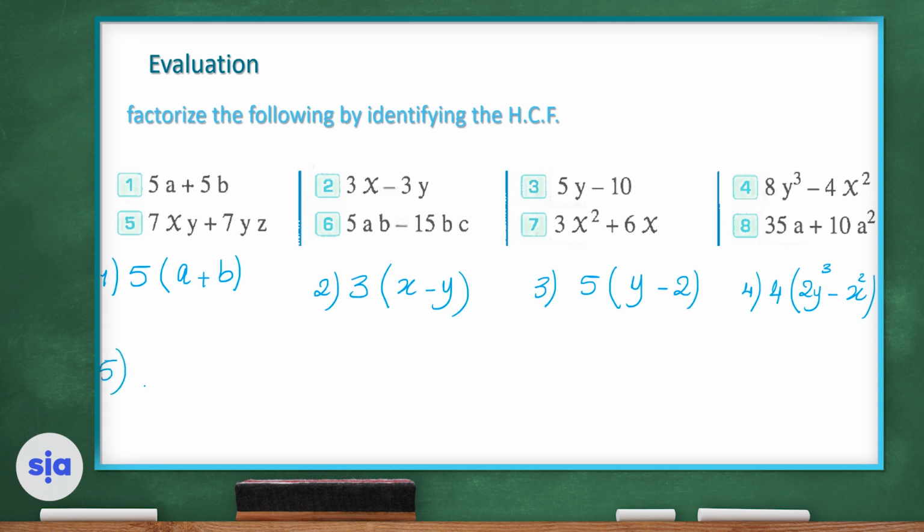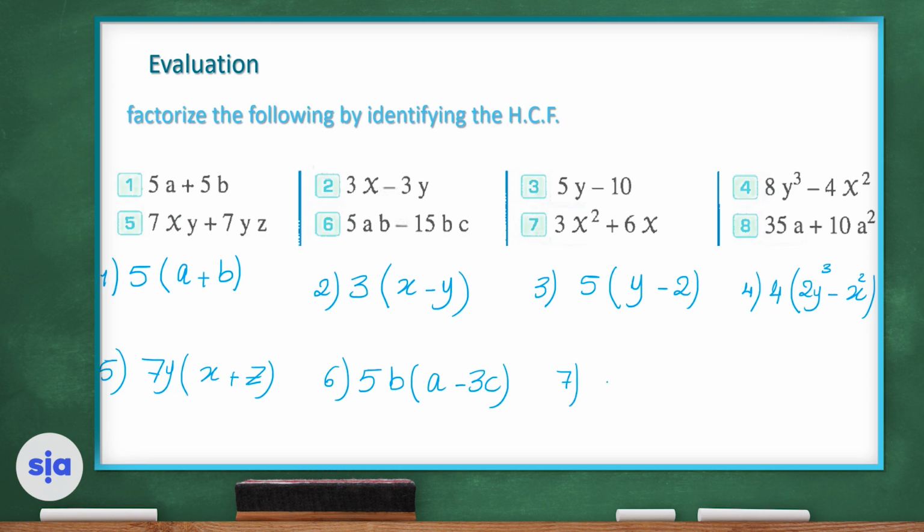Question 5. 7xy plus 7yz. We take the 7, we take the y as a common factor, and what's inside will be x plus z. Question 6. 5ab minus 15bc. The common factor is 5 and the b, where inside it will be a minus 3c.